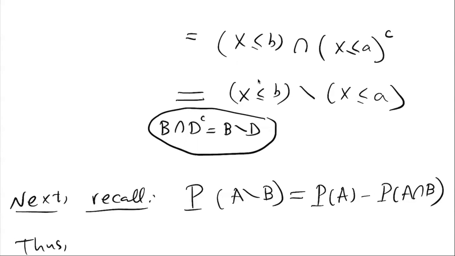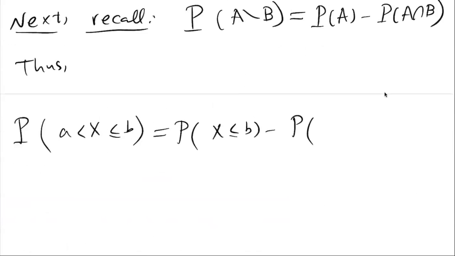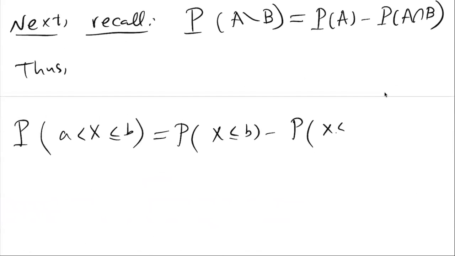So I need to find the intersection of these two events. So X less than or equal to B, intersection with X less than or equal to A.